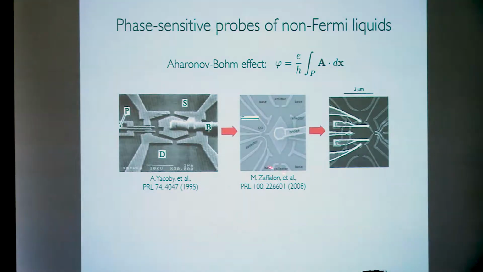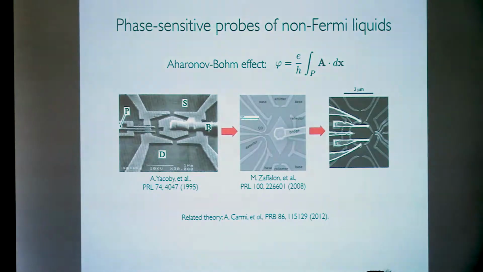The idea is really you have some two-path interferometer, and you should see interference fringes as you tune magnetic field by small amounts. Small enough that you don't significantly drive yourself away from the two-channel Kondo state, but large enough that you can actually see a few fringes and get a good fit for the phase, the transmission phase.